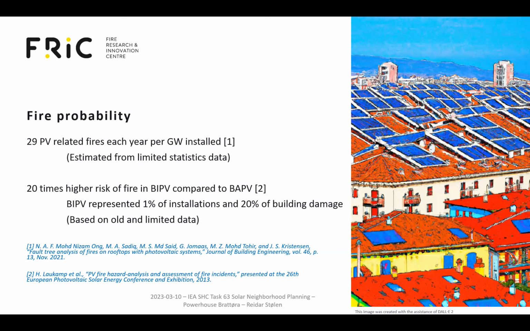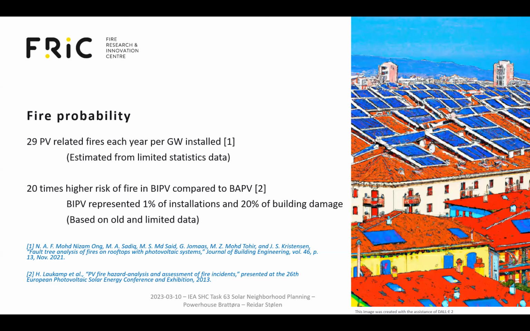Also, the second reference that I've found is based on very old data. It was published 10 years ago, and it refers to building integrated PV installations having approximately 20 times higher fire risk than building attached PV modules.